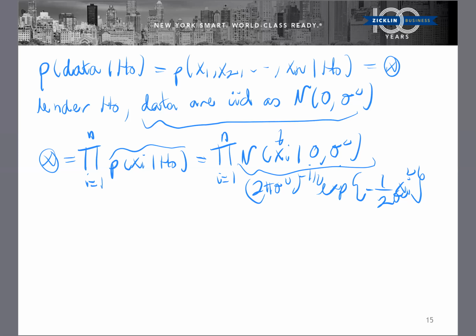Now we need the other piece. This one I'm not sure that I'm going to be able to explain well enough. This one is tricky. This is the probability of the data under the alternative. And under the alternative, we don't know what the mean is. But if somebody tells me what the value of mu is, I know what it is.